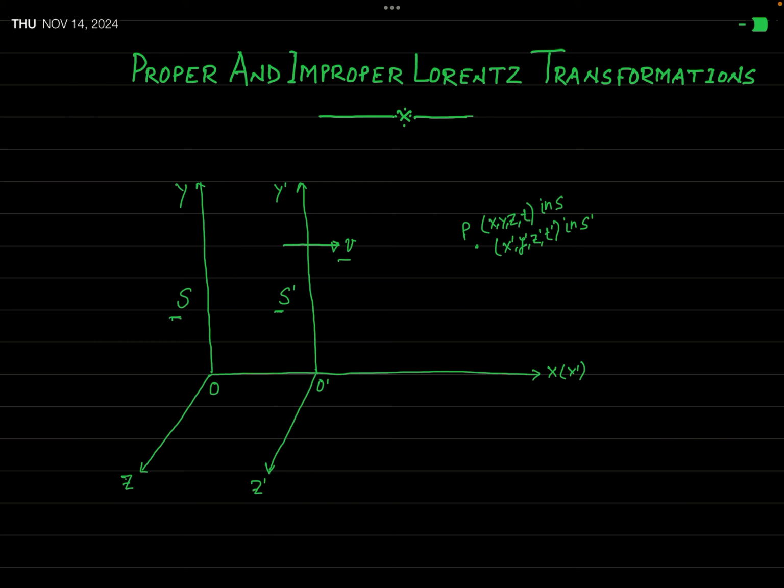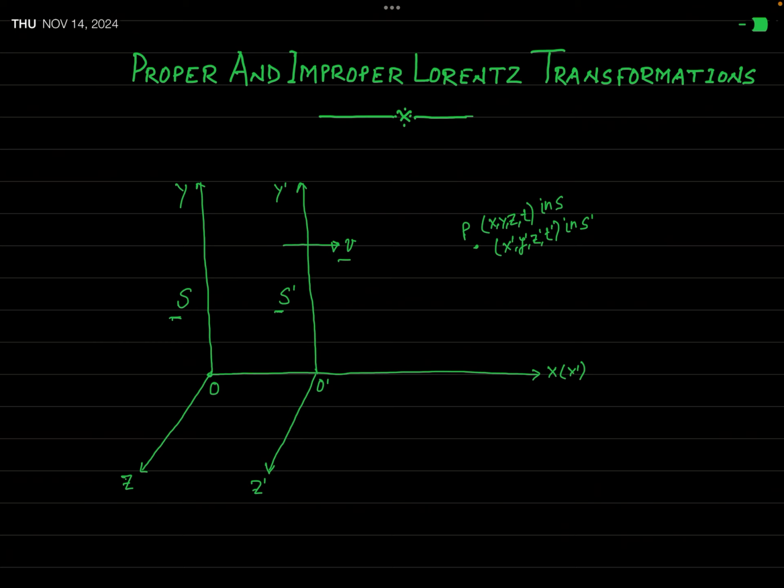For example, I have shown in this figure that at this point P an event is taking place. An observer of frame S situated, let us say, at the origin O of the reference system S describes that event as x, y, z, t.